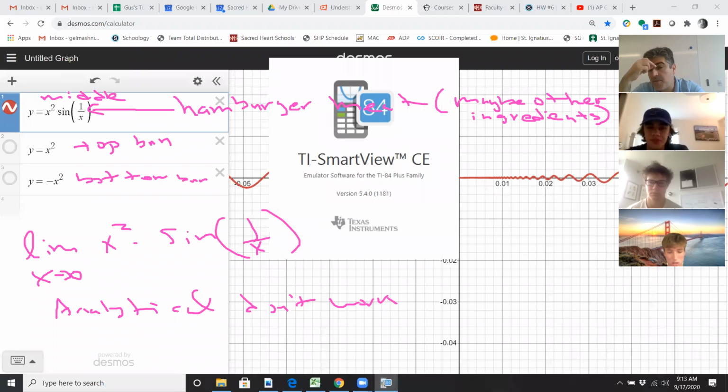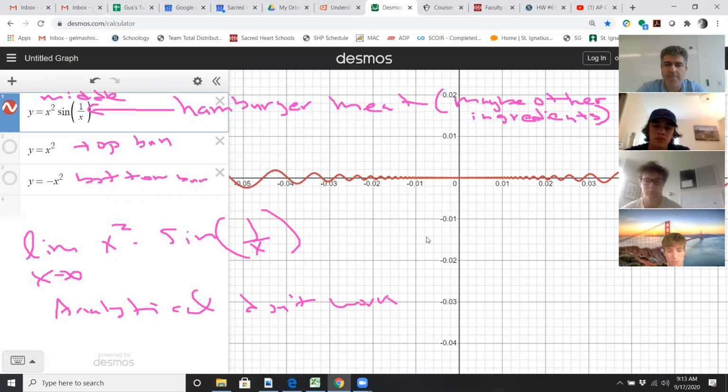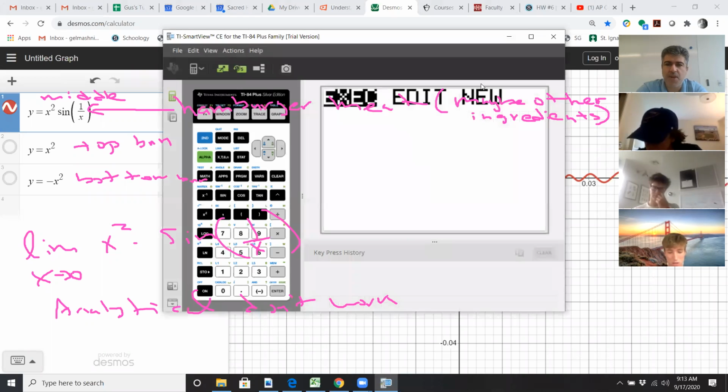I'm also going to try to get my actual calculator superimposed on the screen. It requires a different kind of emulator, and figuring it out is a bit like brain surgery or rocket science. I tried it yesterday and it was challenging, but I'll get that figured out.